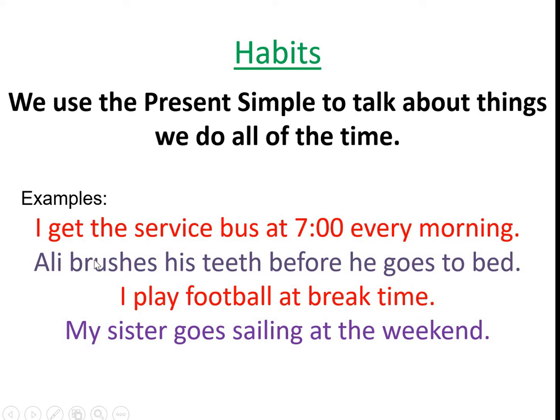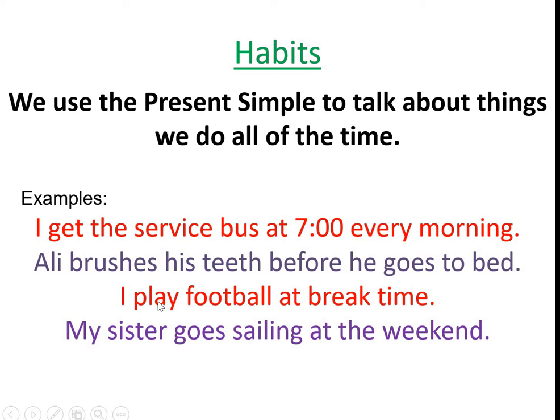Here we added ES because Ali is singular, so it's he. So if we say Ali brushes or he brushes, it's the same. Ali, just one person, one male person. It's singular, so because it is singular, we put S or ES. Here the verb brushes ends with SH, so because of that we put ES.